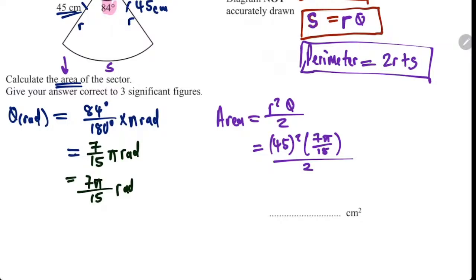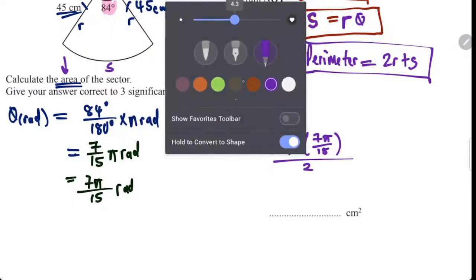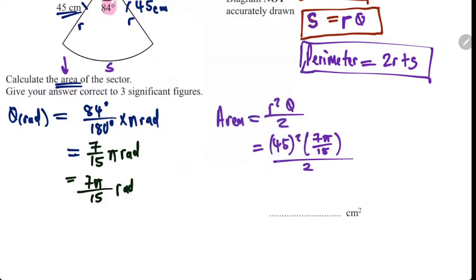If you want to punch this in the calculator, you're going to say open brackets, then you open bracket for things that are at the top. Open another bracket, 45 close squared, open another bracket, 7 pi over 15 close.